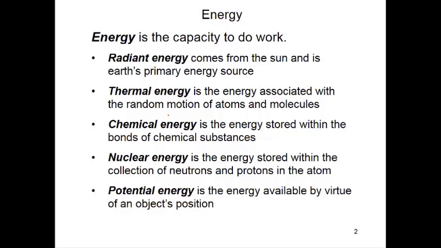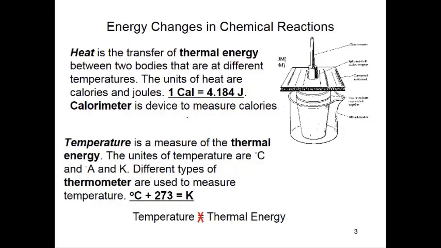So to do any work we need energy. Any work is not possible without energy, and there are various types of energy. Here are some examples of energy, and the slide is clear. You have to learn the definitions of different types of energy, but in this module we will learn about heat energy only, although you must know the other energies also.